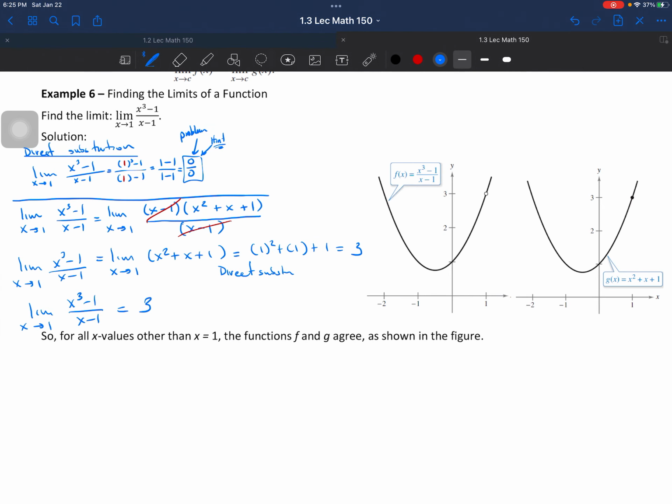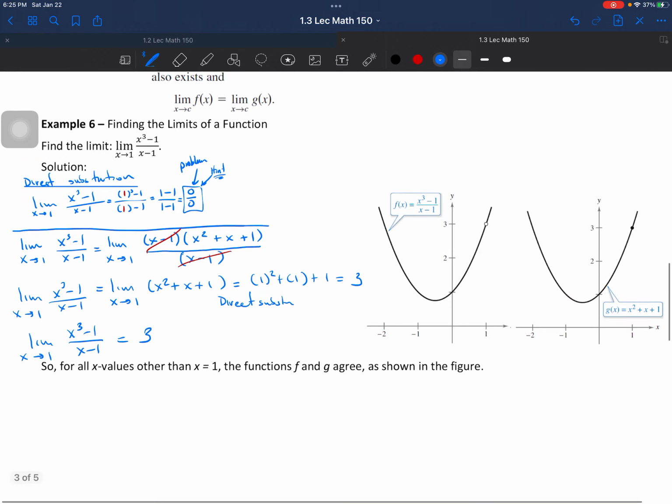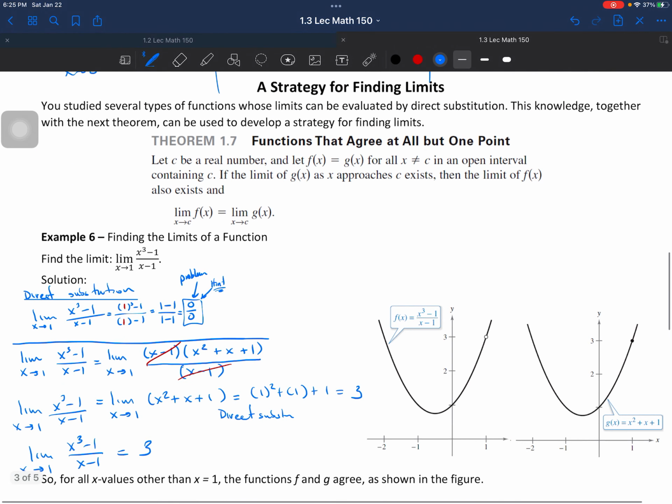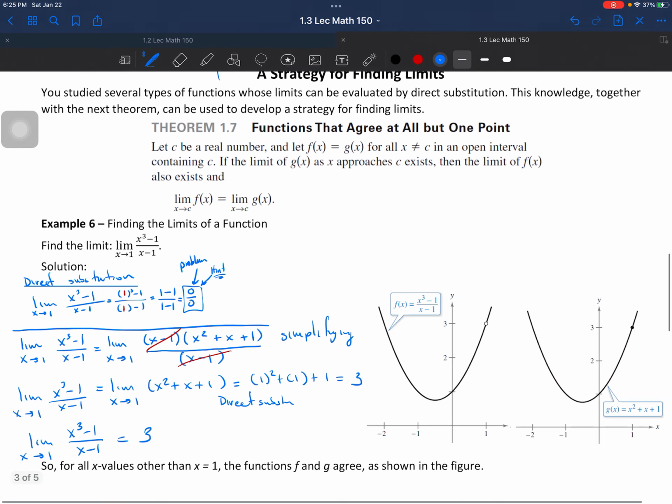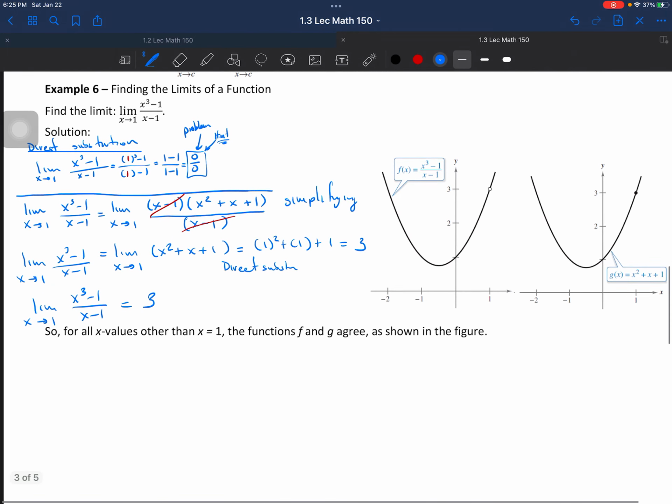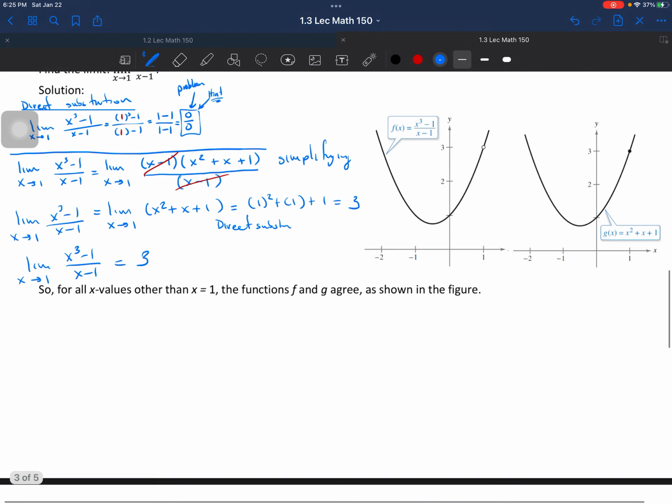And so this was done by using a function that agrees at all points but 1, right? This is by simplifying. It required us to use some factorization and cancel some values.